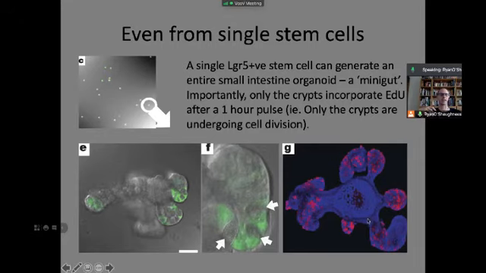Anywhere where we see red indicates cell division. So only in the crypts, or just above the crypts, do we see cells undergoing cell division. So from a single stem cell, we can recapitulate the complete architecture of the small intestine.